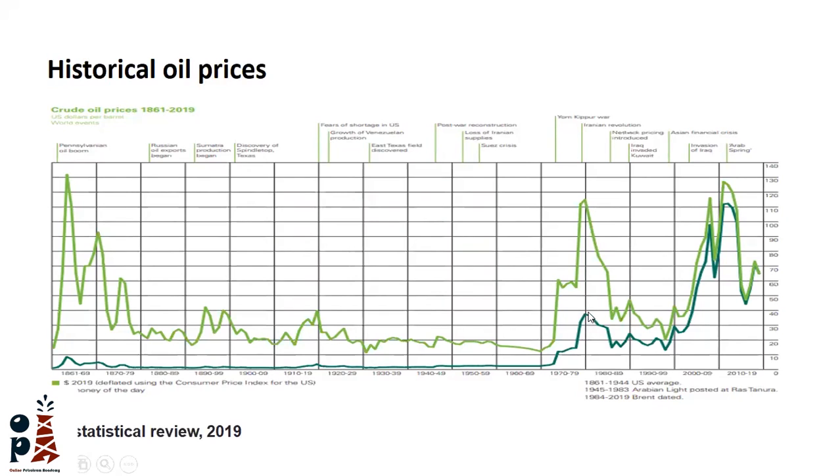If you look at 1973, if the barrel cost about $35, that means you would pay $110 to buy that barrel in 2019. So this is called the real curve, and this is called the money of the day, or nominal.